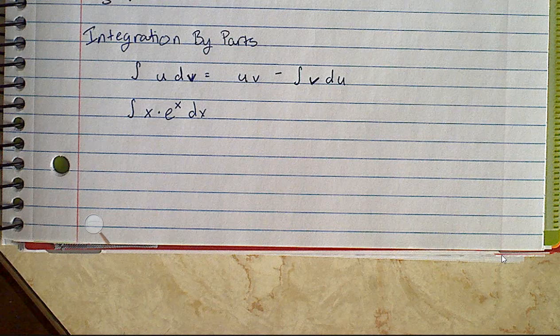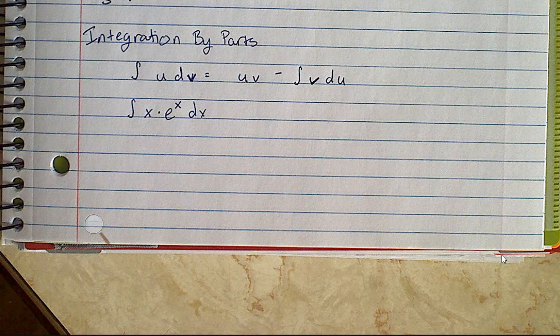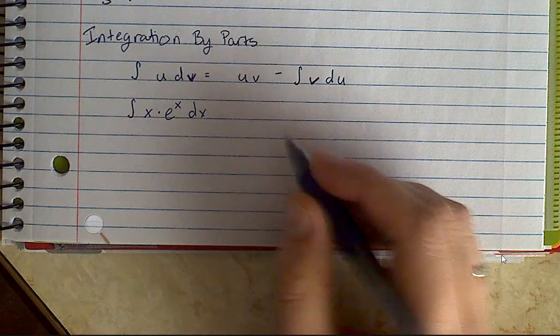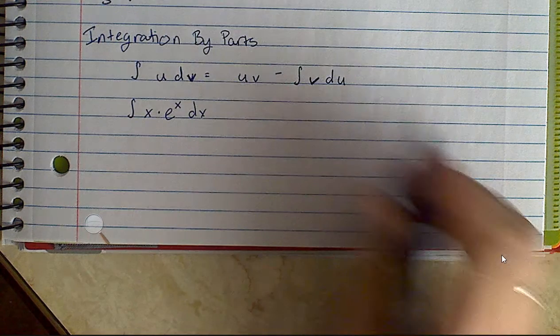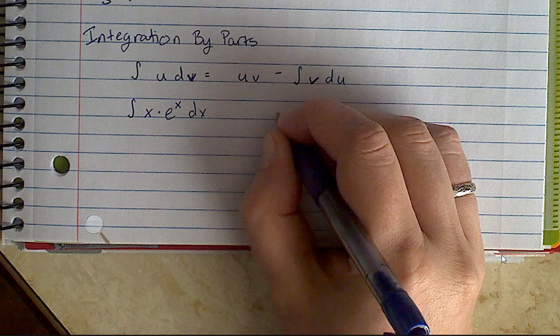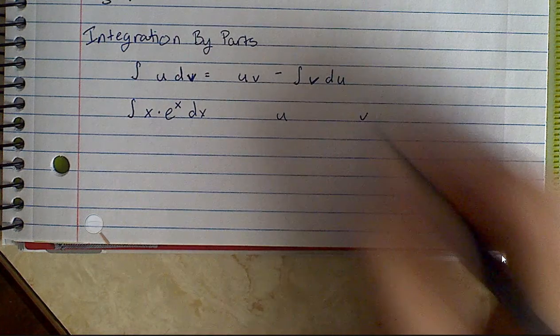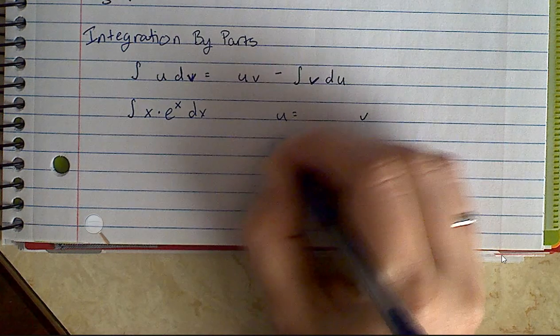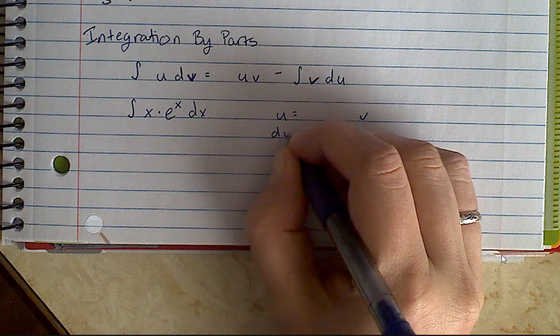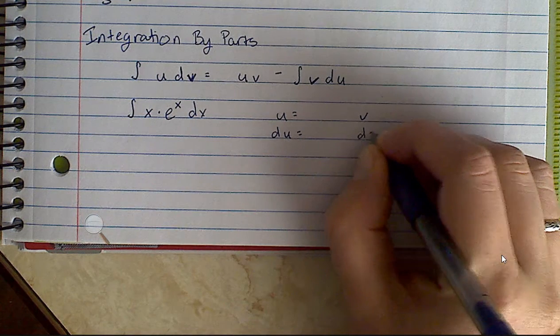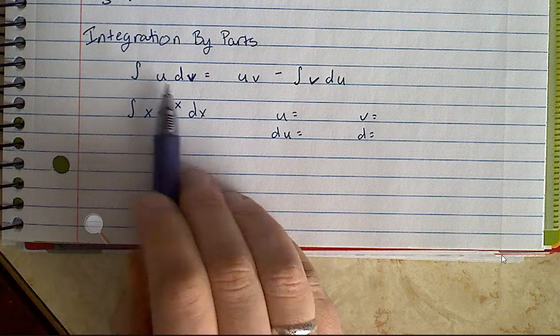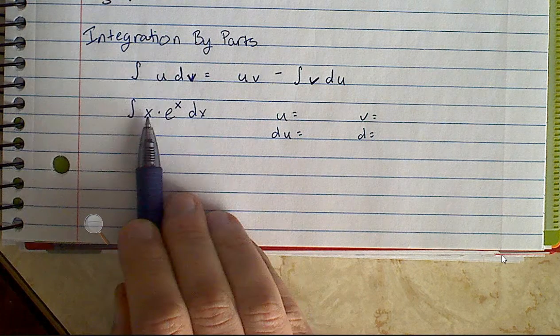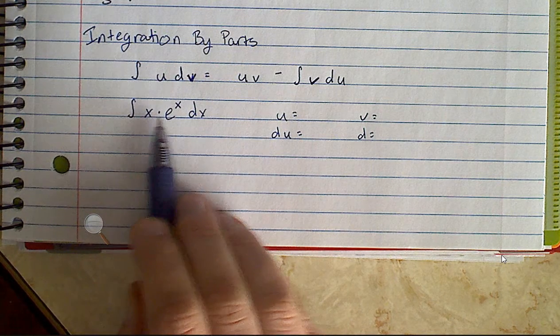Because I think she was actually talking about this and not u substitution, but I could be wrong. So what you have to do is you've got two things going on at once here. You've got u and you've got v. So we're going to have to find out what du is, and what dv is. Now when we start out in the formula, we've got u and dv. So we have to pick one of these to be u and one of them to be dv.